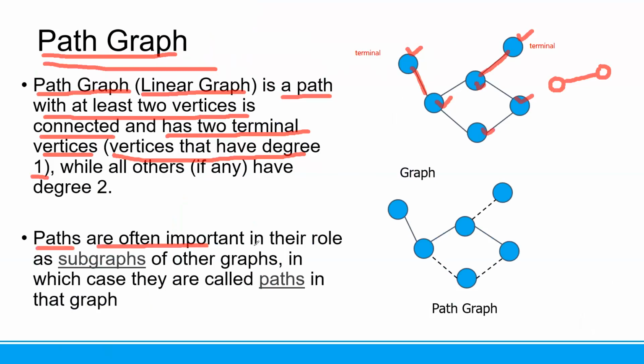Paths are often important in their role as subgraphs of other graphs, in which case they are called paths in that graph. So we can see this one, this is a path in the graph. Or yeah, we can also have another kind of graph. For example, this is a path in the graph, okay, and so on.